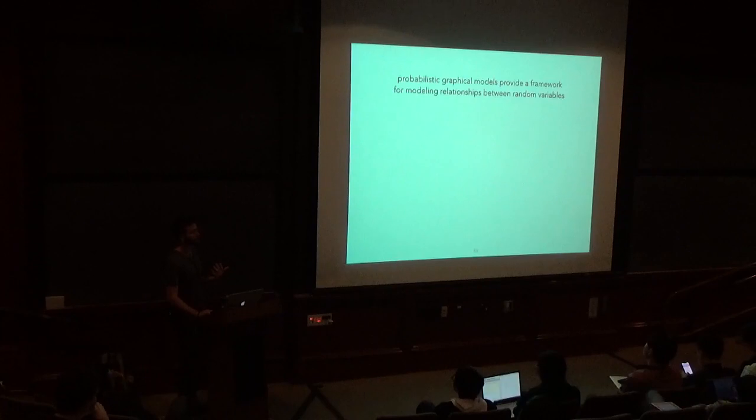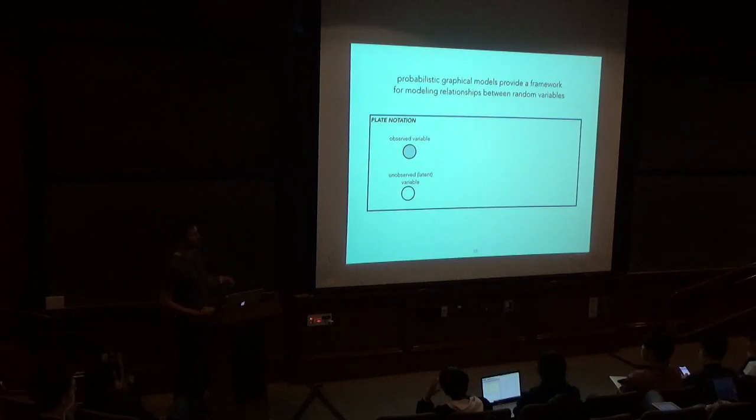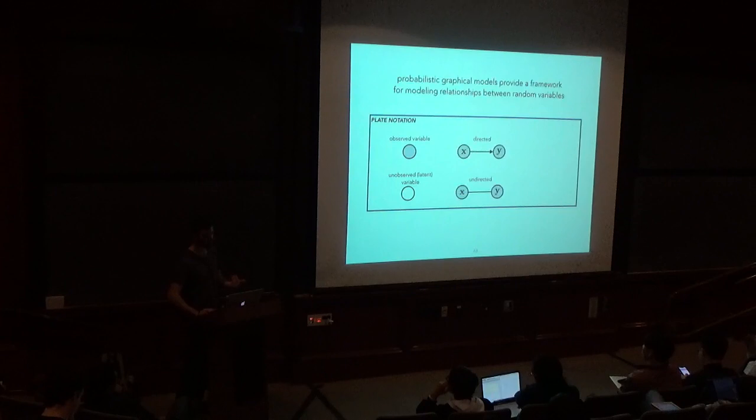Probabilistic graphical models are just a framework for thinking about modeling relationships between random variables. So we'll go through some notation really briefly, just because I think it's helpful to be exposed to this. You have observed variables, which are represented with shaded circles, and you have unobserved or latent variables that are represented with empty circles.